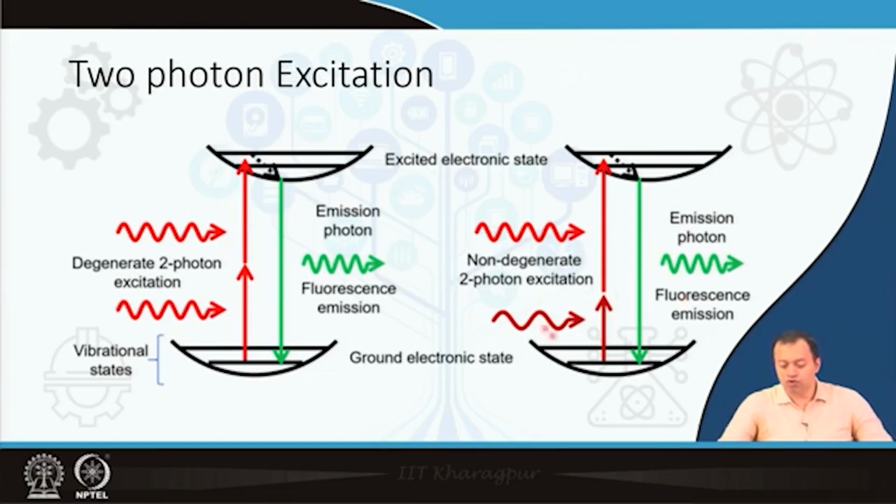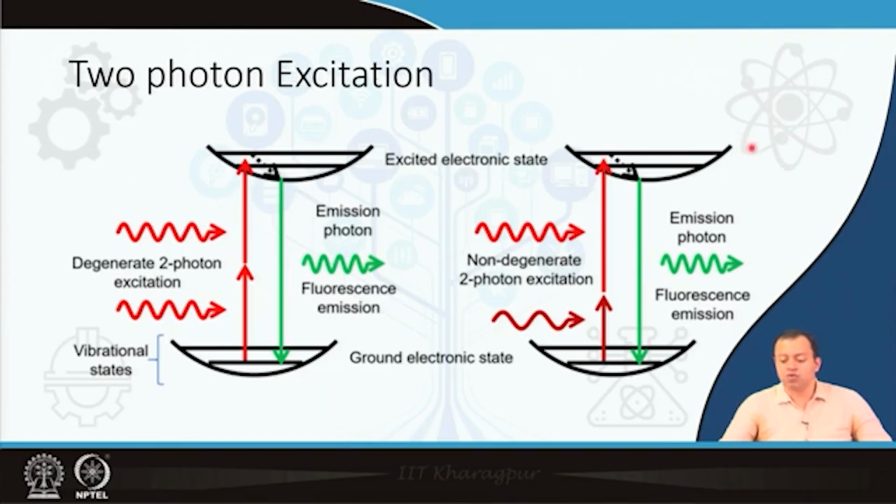In non-degenerate 2 photon excitation, it is 2 different types of input photons, but adding up making the band gap. So, this could be anything. Remember, it does not matter what the input value is.